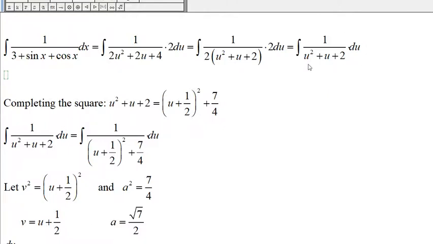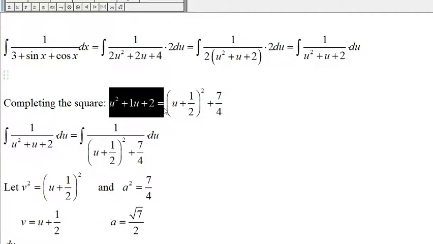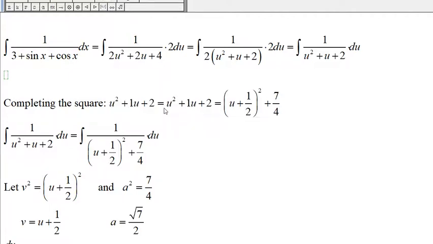This integral has a quadratic form, so we need to do completing the square. We have u squared plus u plus 2. The coefficient of u is 1 right here. Take half of 1, which is 1/2. 1/2 squared is 1/4.